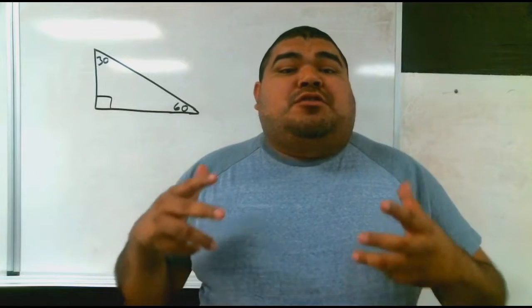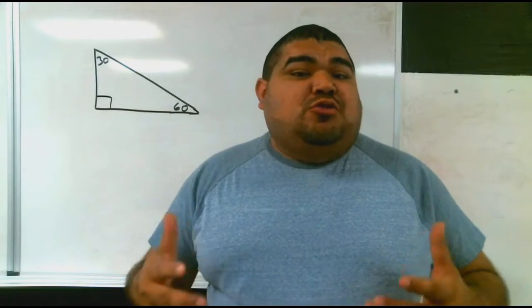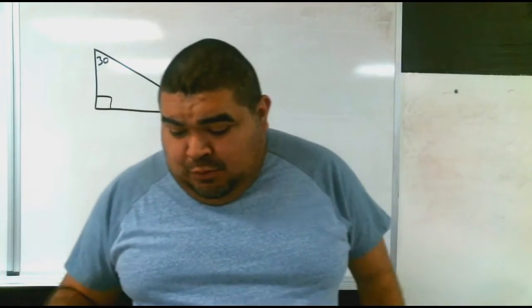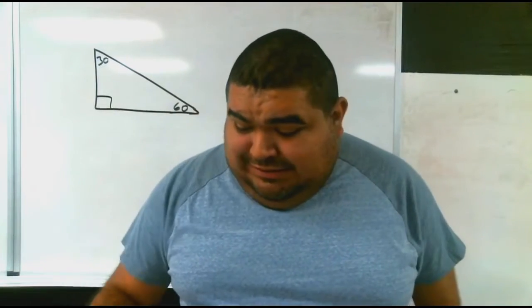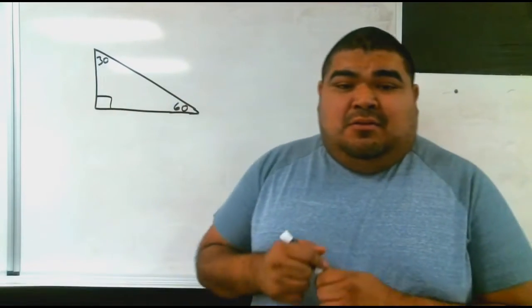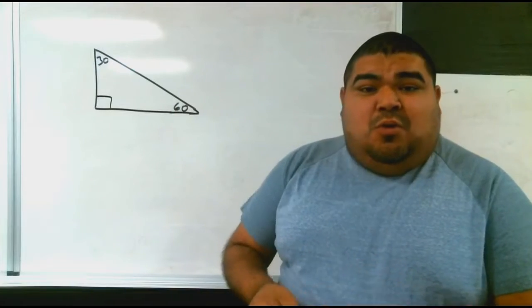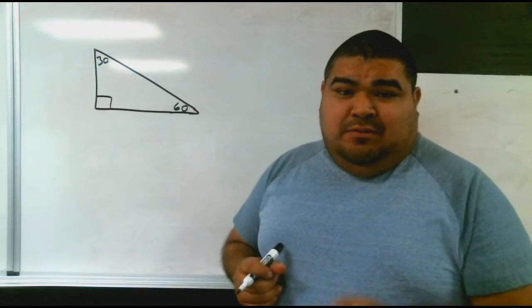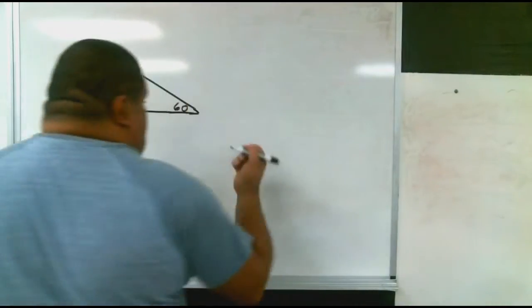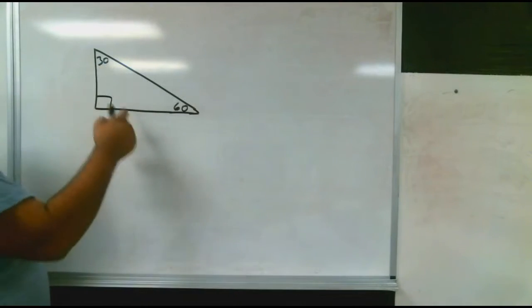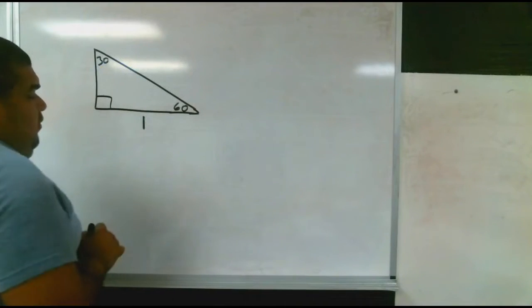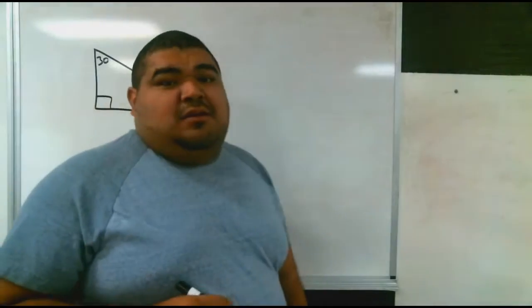Whenever you're solving these kind of triangles, usually for the sides, the rule is your shortest side is always times 1. So the shortest side is always 1.